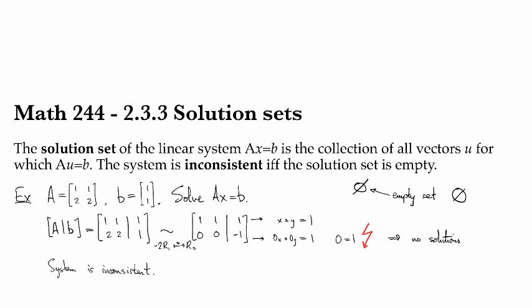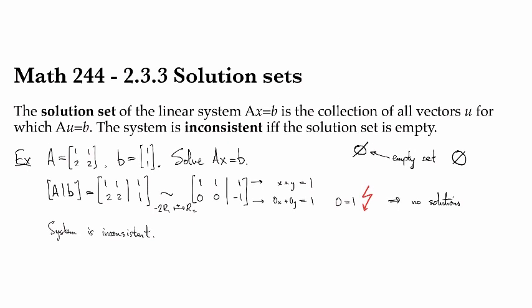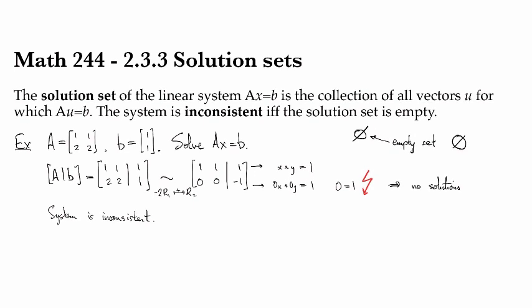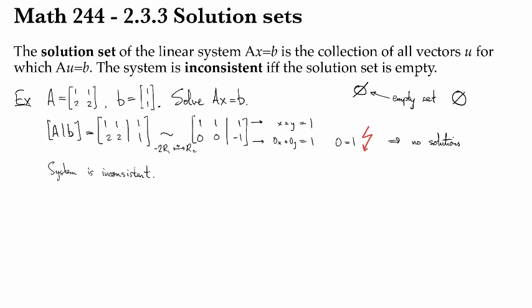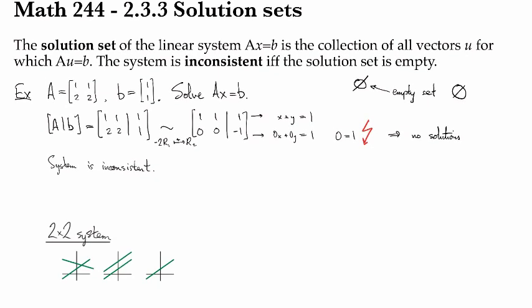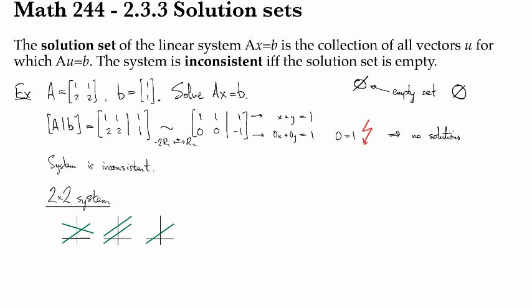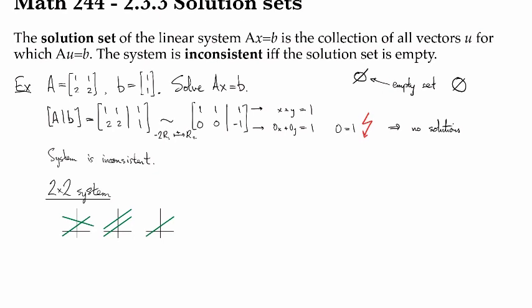So what kind of possibilities can there be? Well, let's take a look. For a 2x2 system, we can have any of these possibilities. The first one is like our first example, and it corresponds to a unique solution.